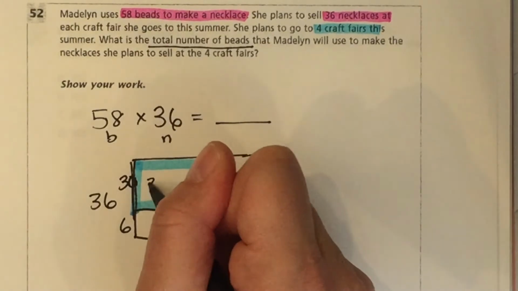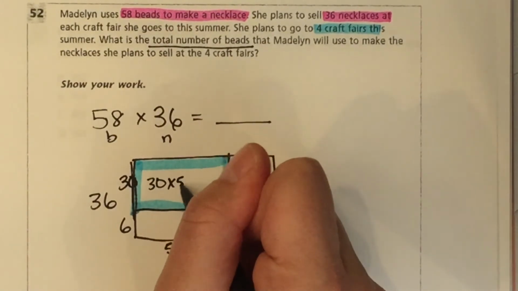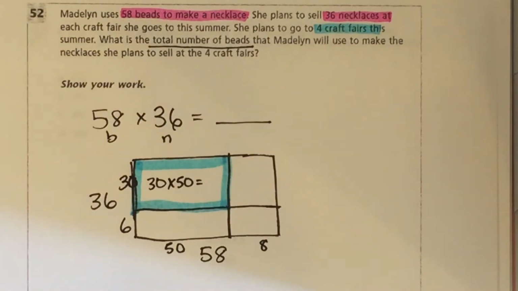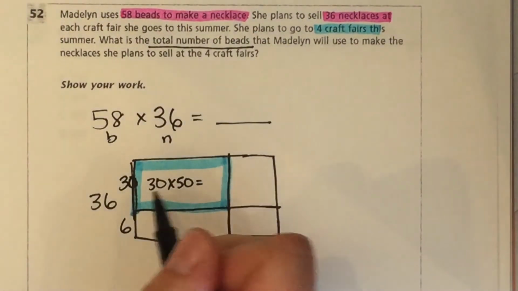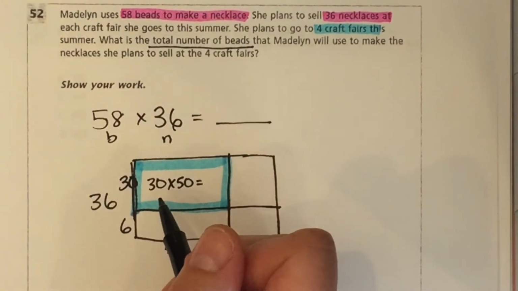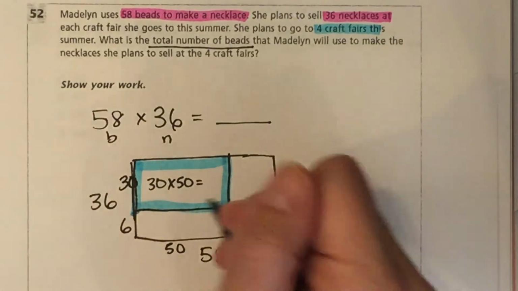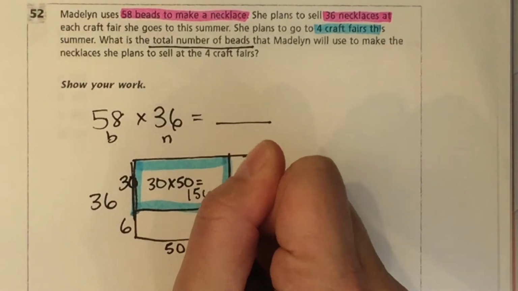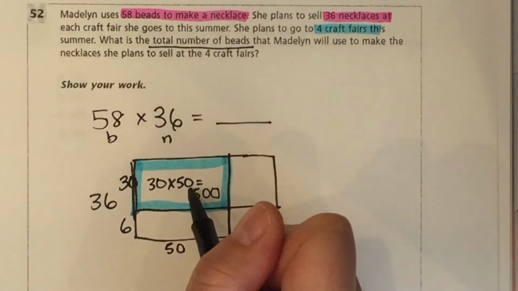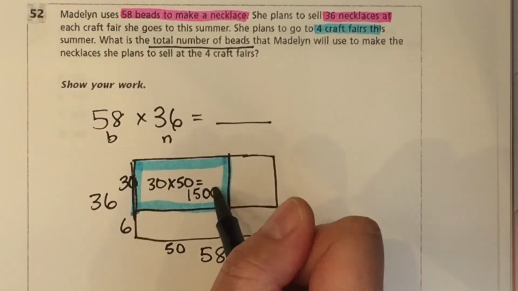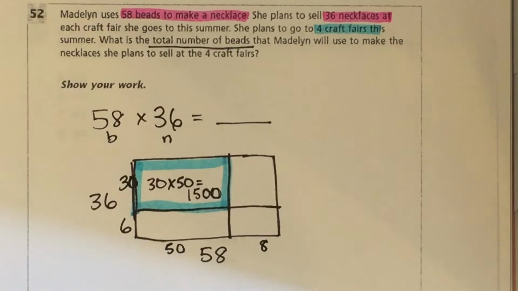So this is a 30 by 50 rectangle. Okay, 3 times 5 is 15. So 30 times 5 would be 150, and 30 times 50 would be 1,500. Those zeros, both of those zeros, will get added back on if we're looking for those shortcuts that you guys love.